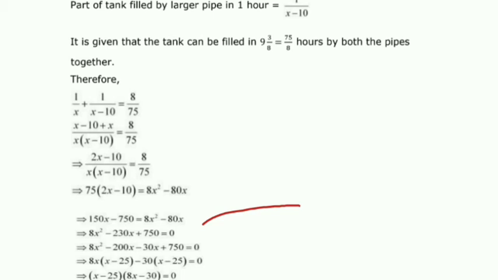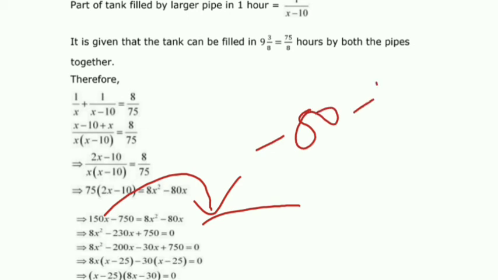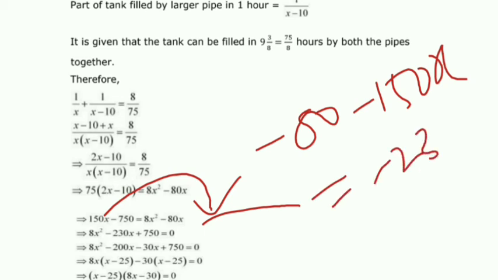Now shift all these terms from left to right, and then we will get the general form of the quadratic equation. Now 150x shifted right becomes minus 150x, and minus 80x is already present here. After adding, we will get minus 230x.